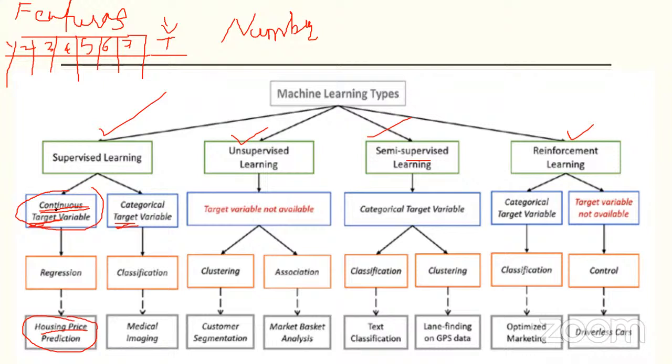Continuous is numeric output. If your goal is to predict numeric output, then we use a regression algorithm. Example, housing price prediction. Since we are trying to predict a numeric value, we use regression. So which algorithm to select, which algorithm to run? The algorithm depends upon your end objective.